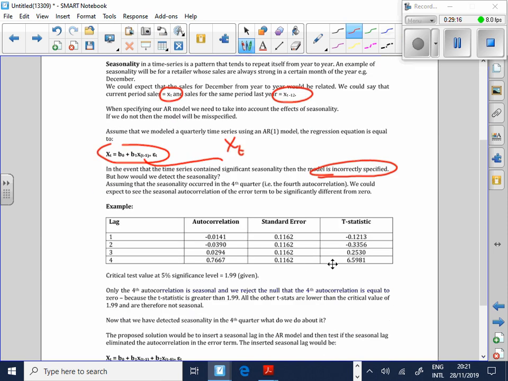What do I do? Okay, I run myself, and this is the way to test it always, guys, isn't it? You run yourself an AR1 model, you run your autocorrelations, you run your lags. And how many lags would you run? Well, here it's 4 quarters, so you run 4 lags. Go to the 4th quarter.